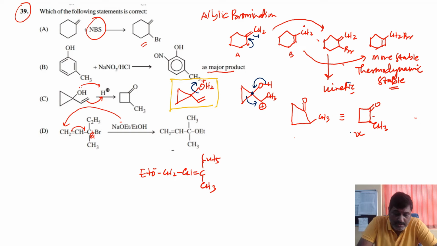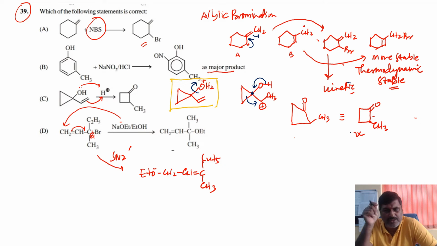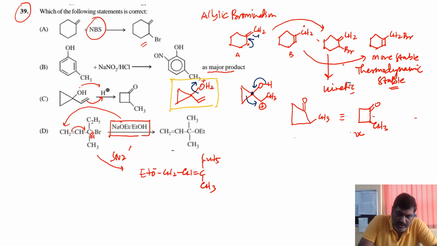In this case, if this is the case, this is the SN2 prime. But honestly speaking, this SN2 prime is not a good path. Here the major path, as NaOEt is used with EtOH, is the best for elimination, and elimination is very well possible here.